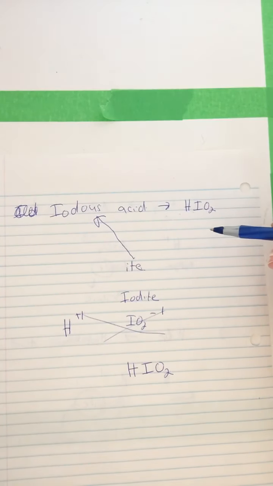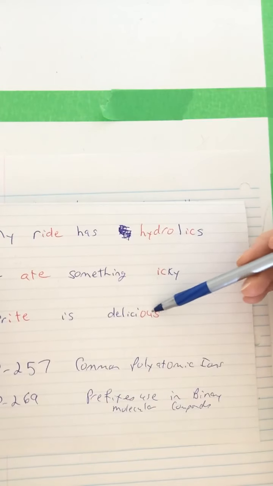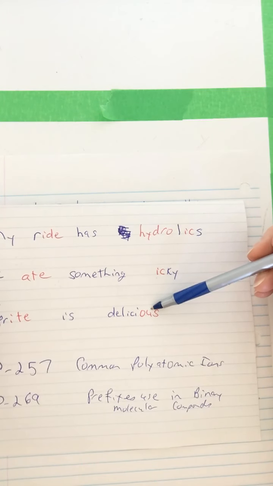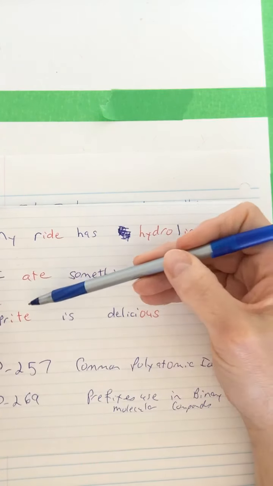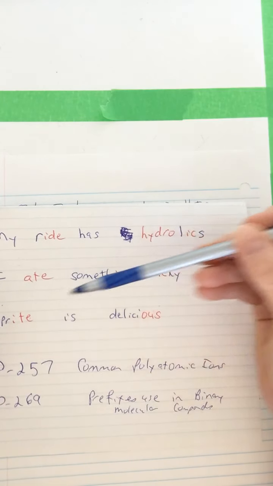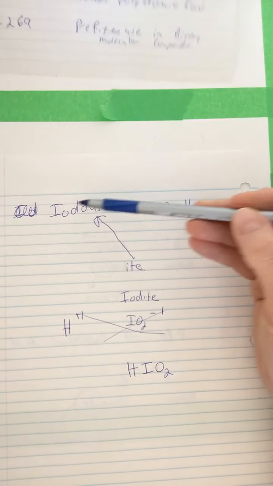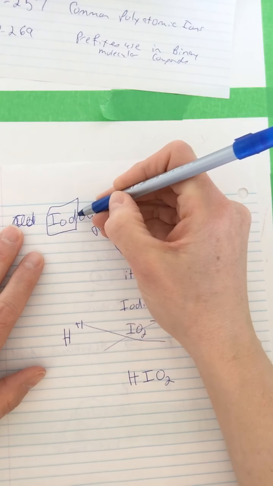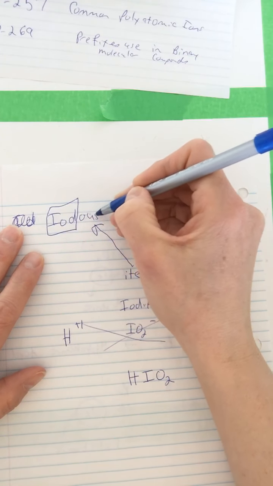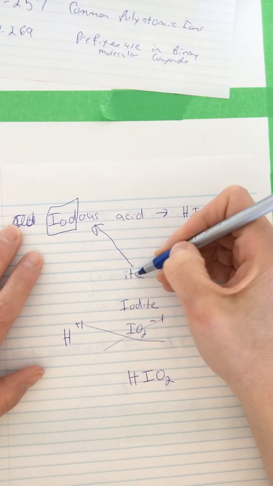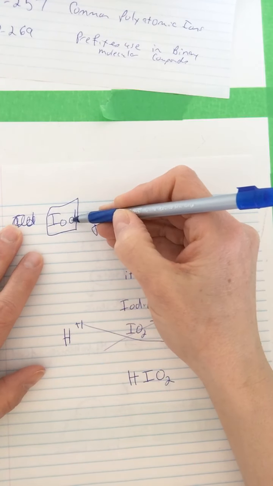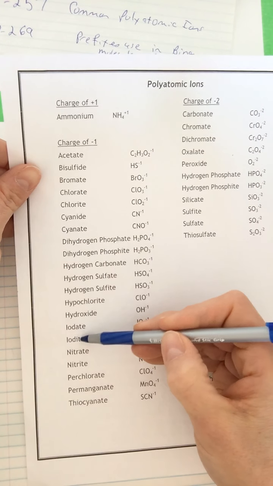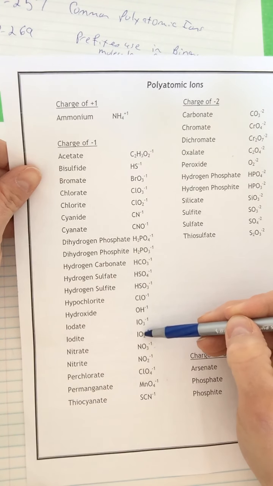Because the name had ous in it, so we know it originated with ite. And we know it was iodite because the beginning of the word was io. This ous came from an ite. So we had to look up on the polyatomic sheet, iodite, and we found it. And then we could tell what it was.